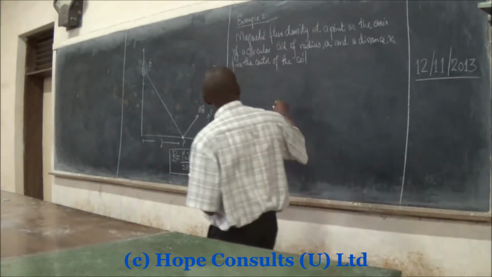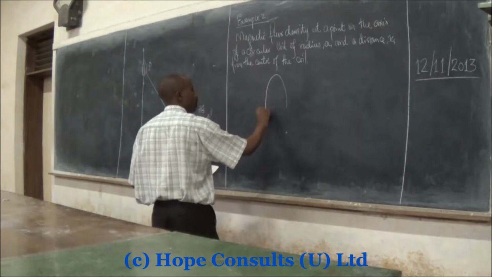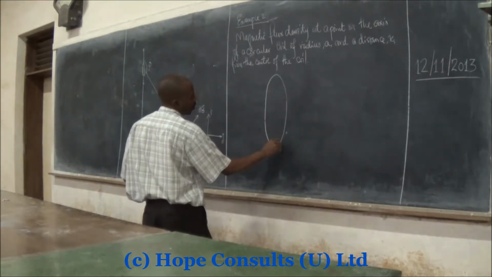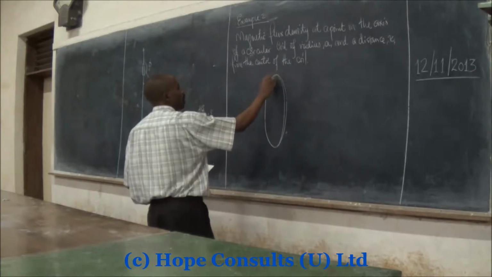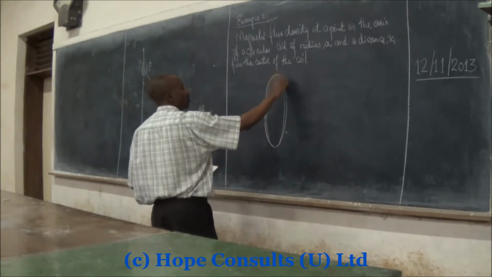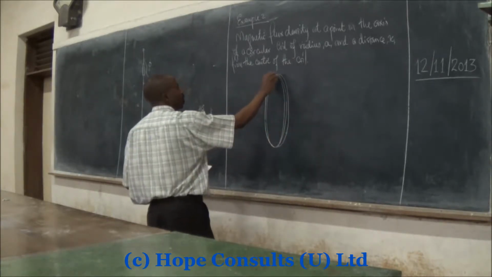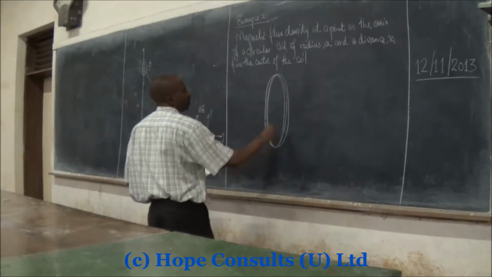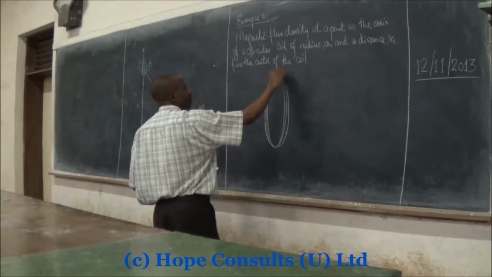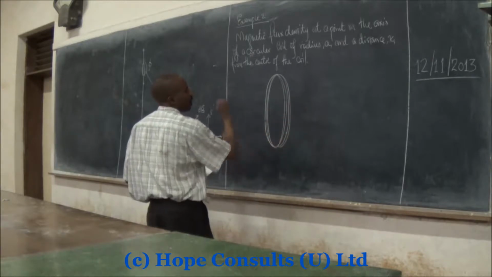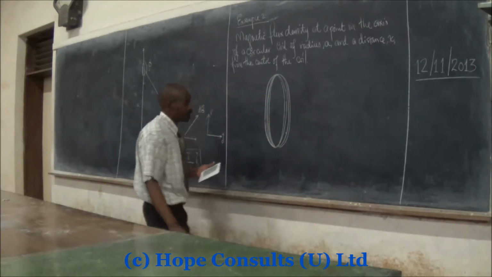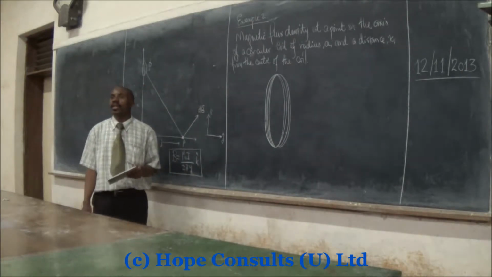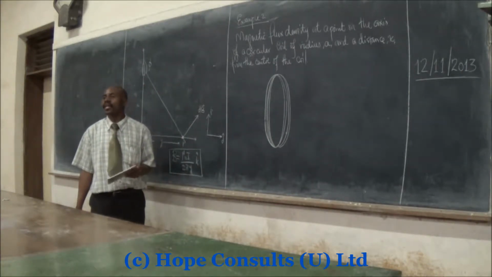So I'll draw our coil, and I'll put a couple of other strands to make it a coil of n turns. If you add another strand, another strand, so that we look at it as a coil of n turns.